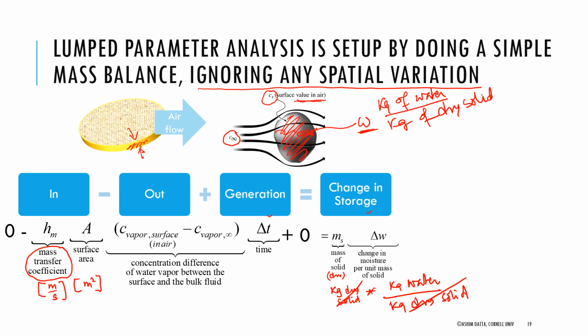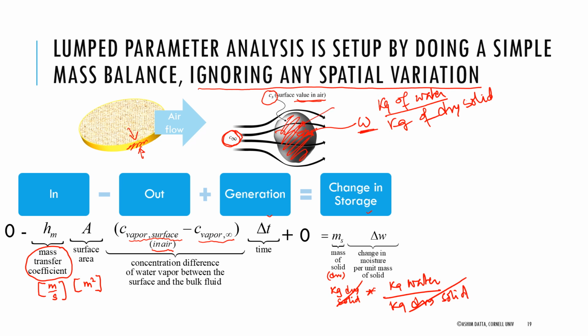Again, we need to be very careful. It's not the concentration of water in the solid at the surface. It's the concentration of vapor at the surface in air. And then C vapor infinity is the concentration of vapor in the bulk air, so far away from any effect of this solid.